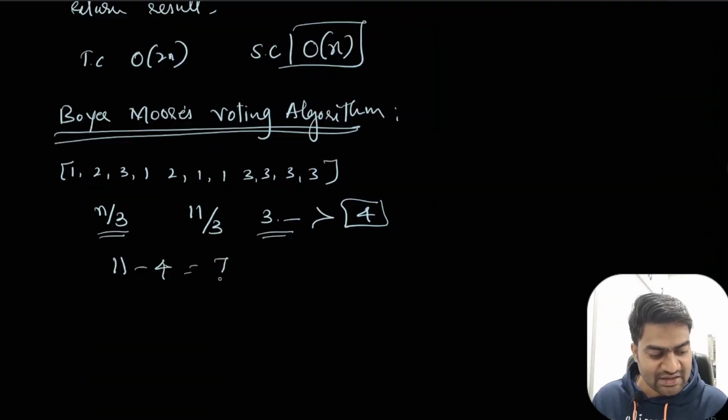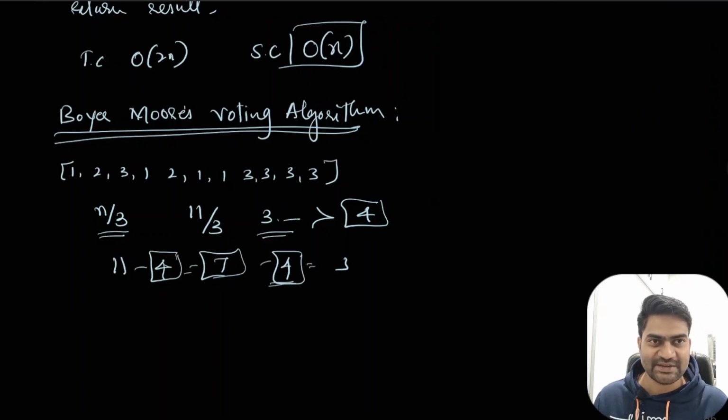Again, with 7 votes, there is a possibility one more candidate can get 4. So the remaining will be 3. Now, we will get 2 candidates here. That is the core intuition that we need to understand. We will get 2 candidates who can become the winners here. If we know that concept, then we can easily solve this particular problem.